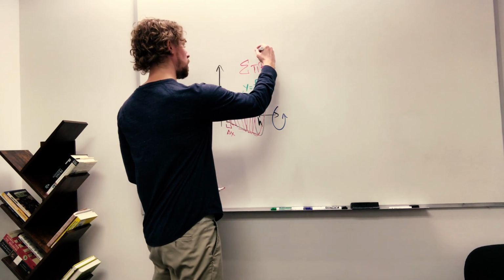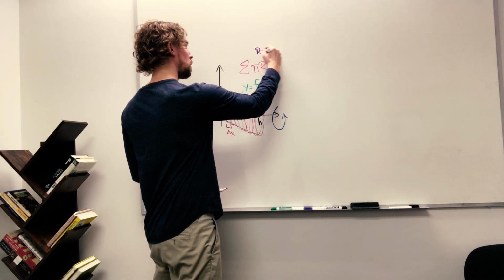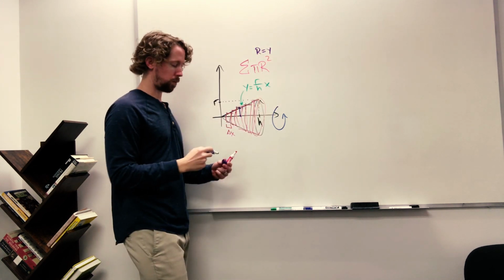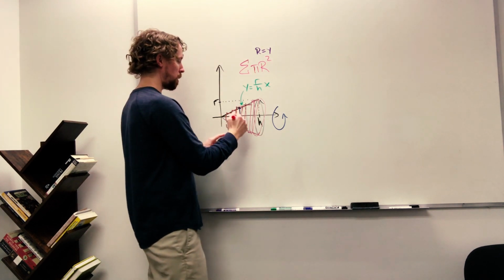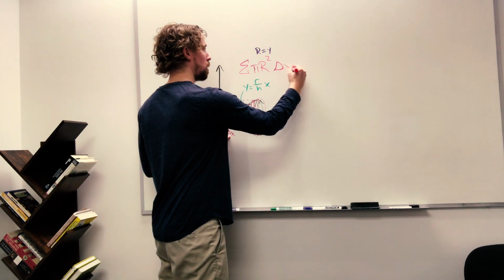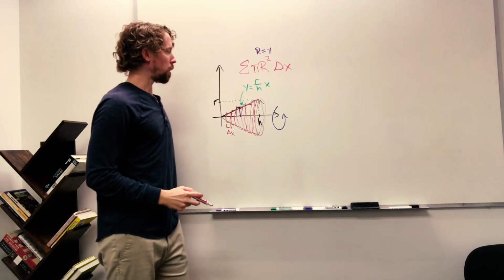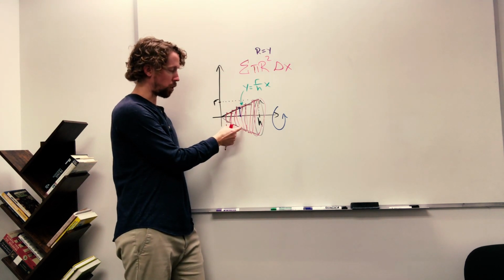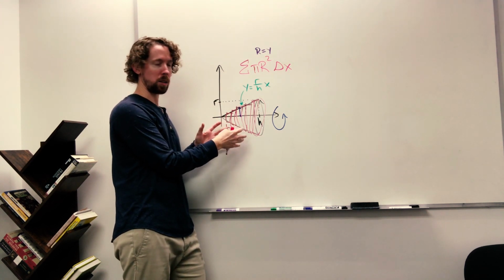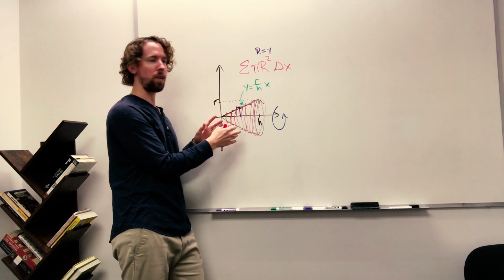So this radius is really the y value. So I get the area of the base times the height. The height is delta x. And then if I take the limit of this as delta x shrinks down to 0, so I'm getting better and better approximations, it will give me the exact volume.